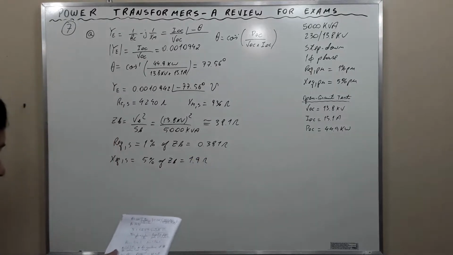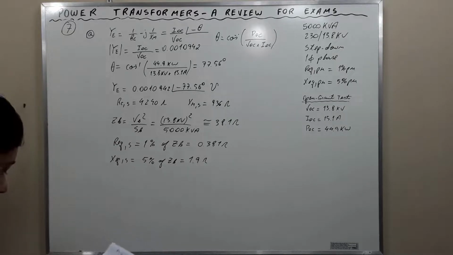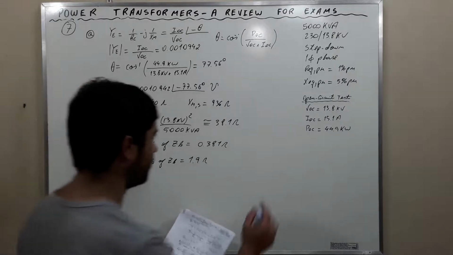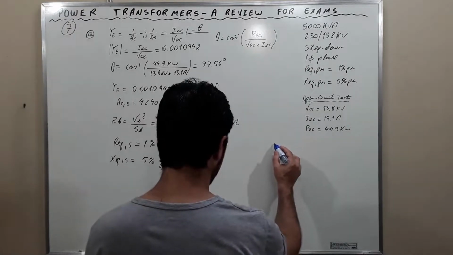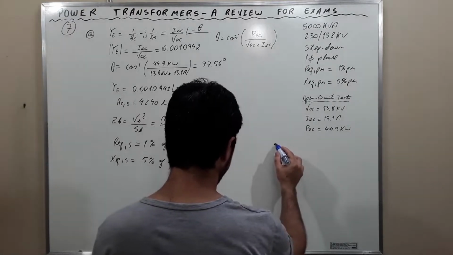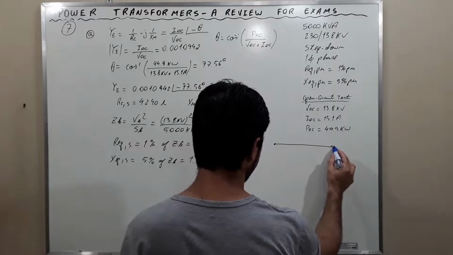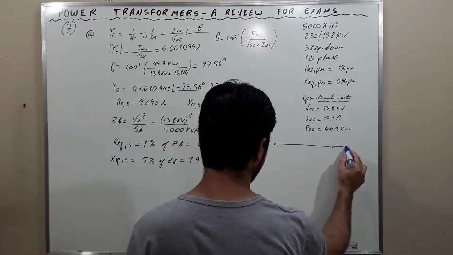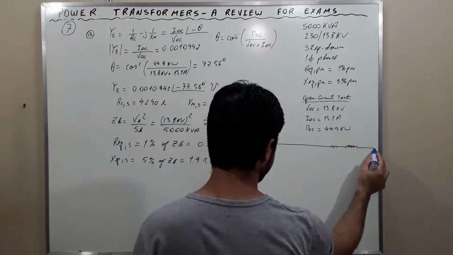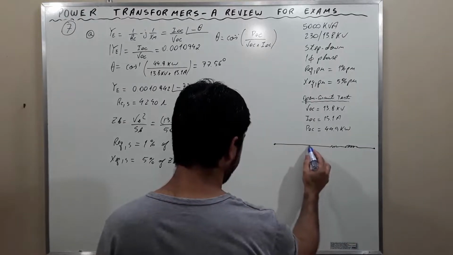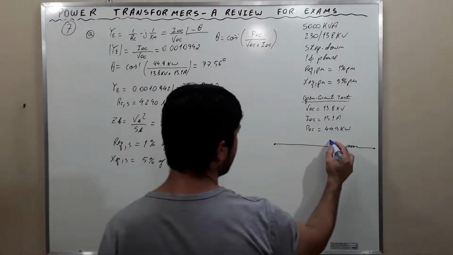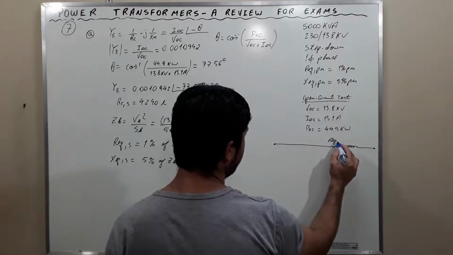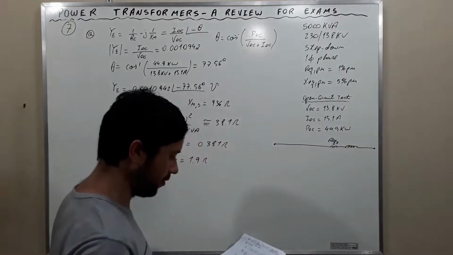All right, with these values, we can draw the equivalent circuit. The equivalent circuit is going to therefore be like this. This is the equivalent resistance referred to the secondary side.